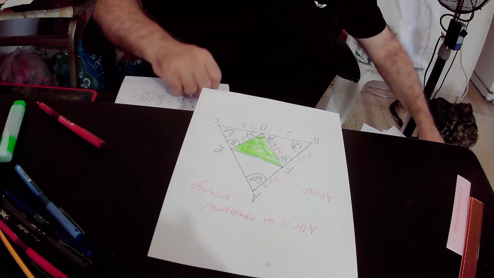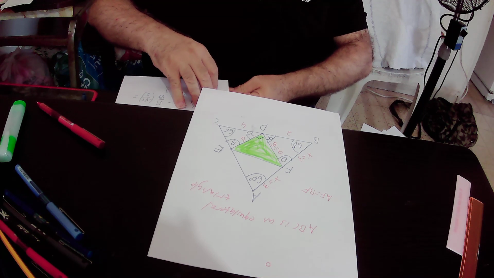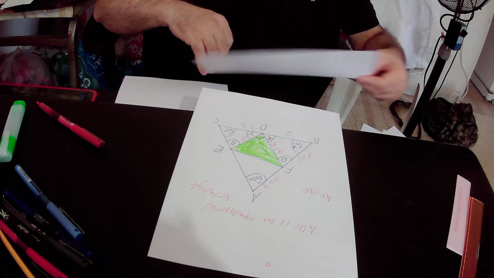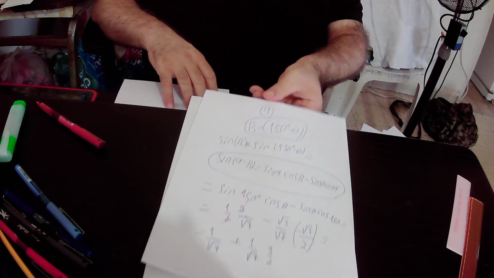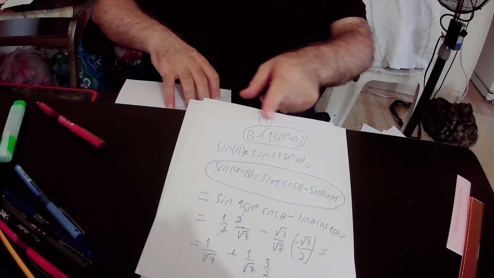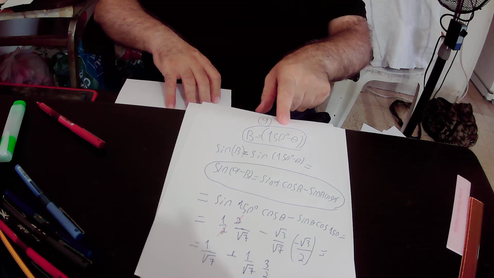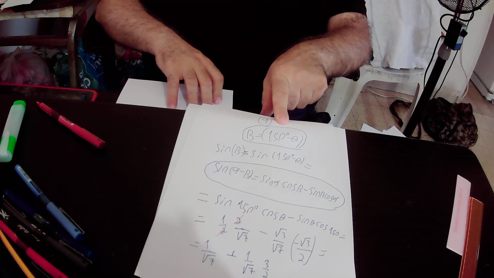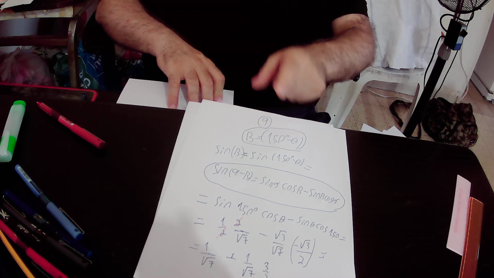Okay, but we have already found, as I have already told you, we'll use this equality later. Okay, we have already found from the third equation that beta equals to 150 degrees minus theta.